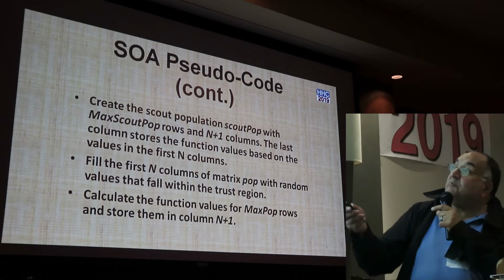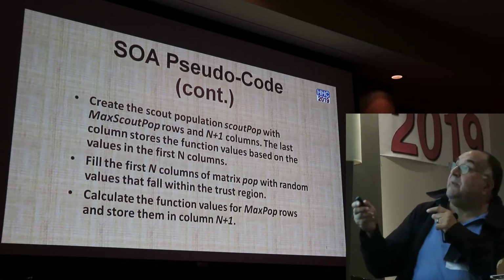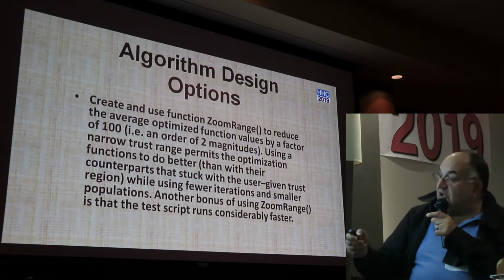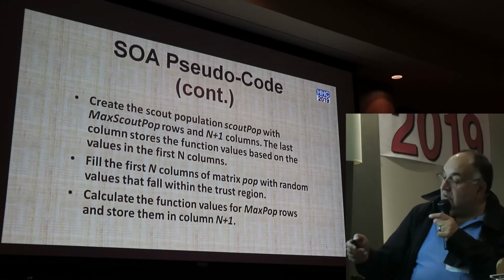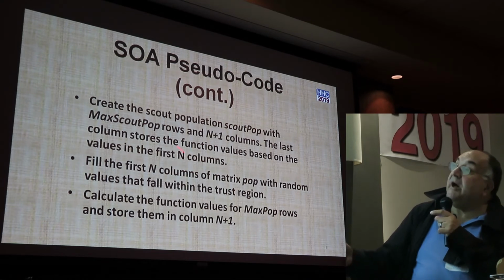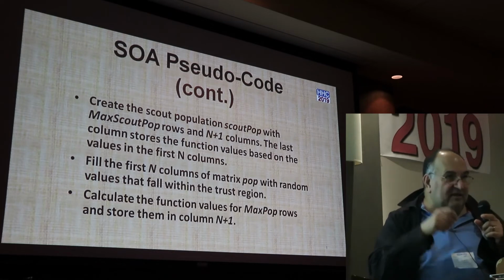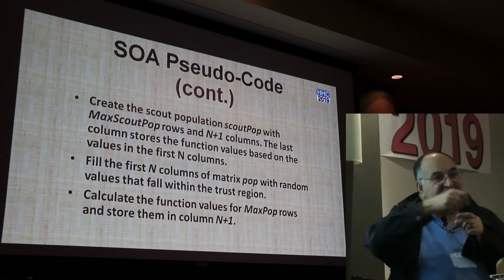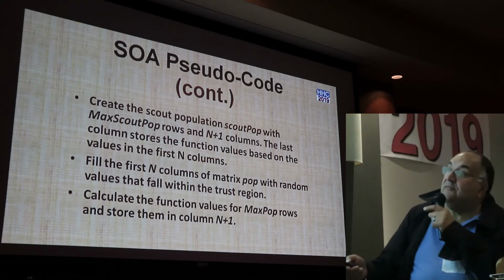Then I create a scout population associated with each one pod, scout pop, with max scout pop rows, and again n plus 1 columns. The n plus 1 column has the function values, and then the first n columns have the values for each scout's coordinates.